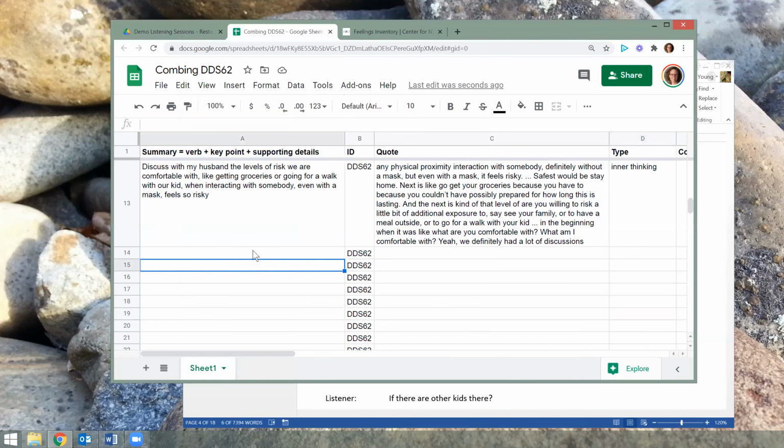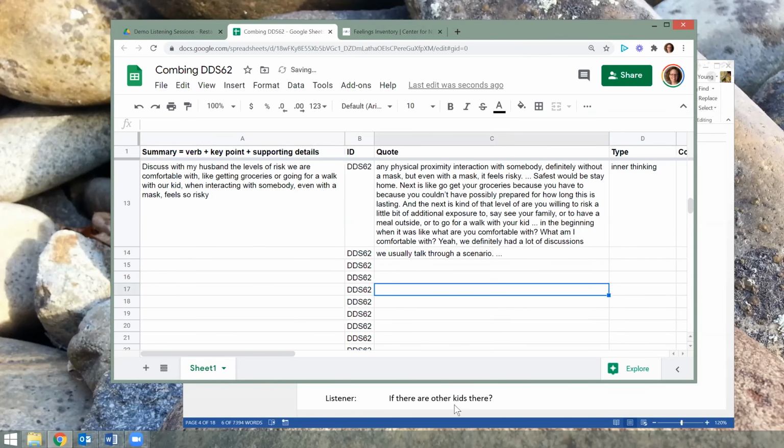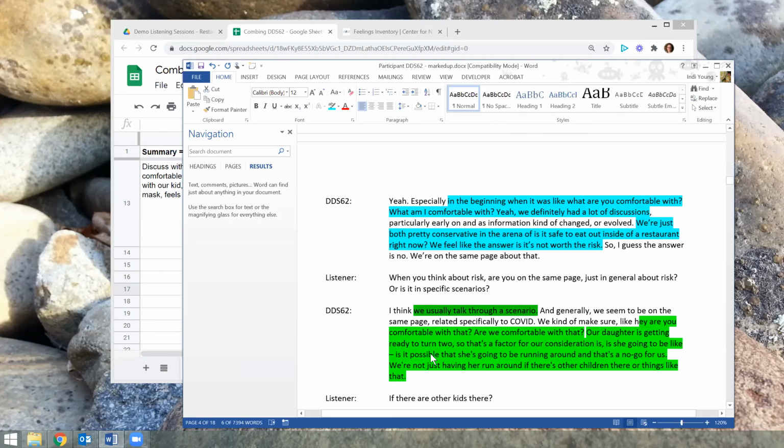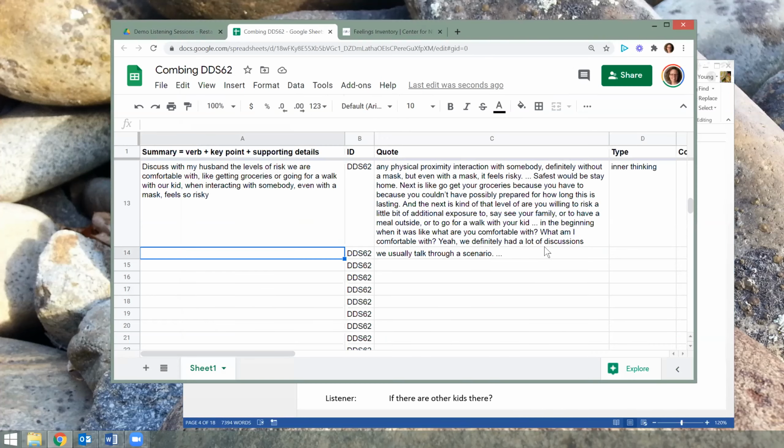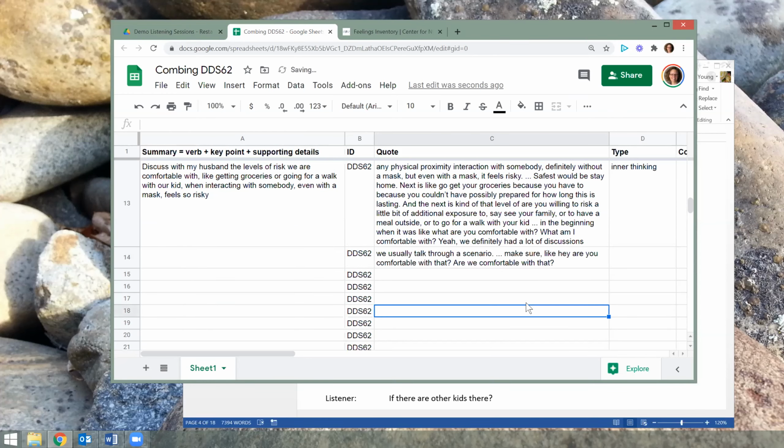Talk through a scenario. This is also generalized across a bunch of different scenarios. Make sure, hey, you're comfortable. Oh, whoops, read the next sentence, and her daughter's only 1 at the time. Okay.